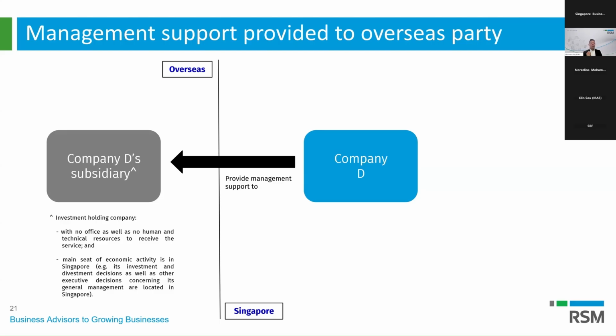With these additional facts, do you think company D, when providing management support services to the subsidiary, could apply 0% GST? Again, in your chat function, click yes if you think it's yes.